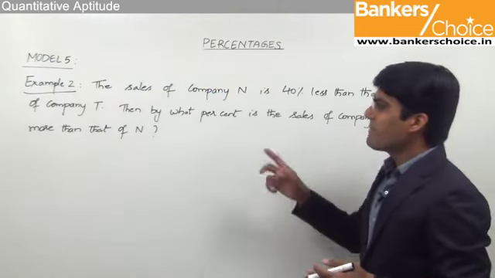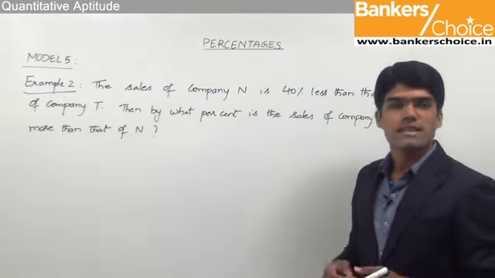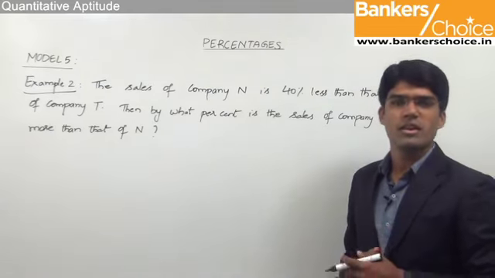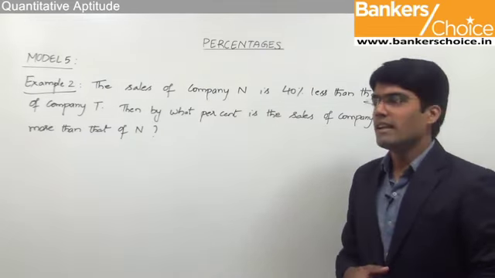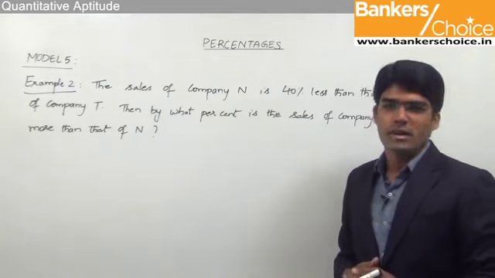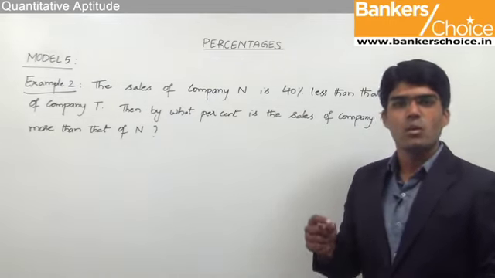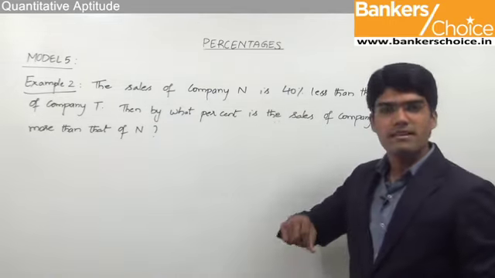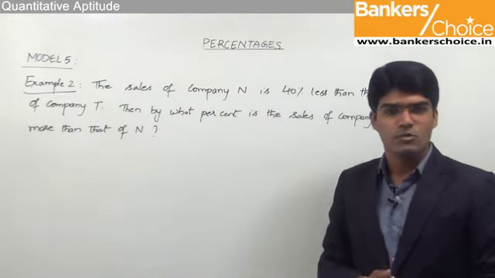Now in the previous example, we have discussed two methods to solve these types of questions, and as per your convenience, you can use any one of them to get the answer. Let us go by the second method here to get the answer for this question, that is converting the given percentage into fraction and again converting the fraction back to percentage.